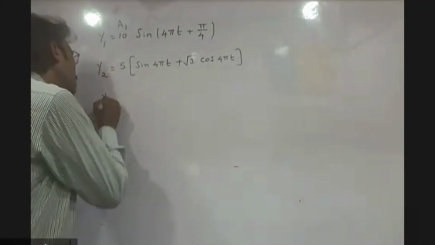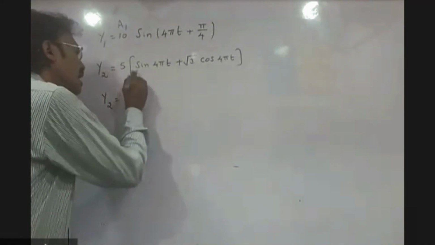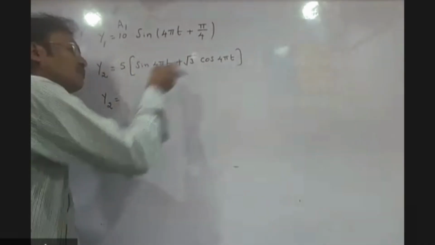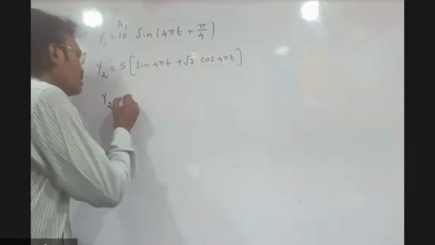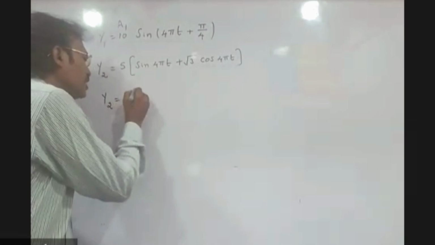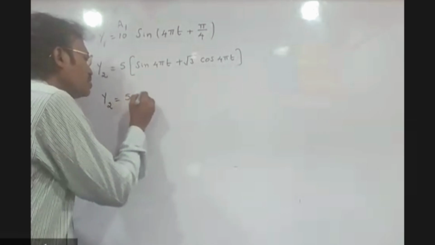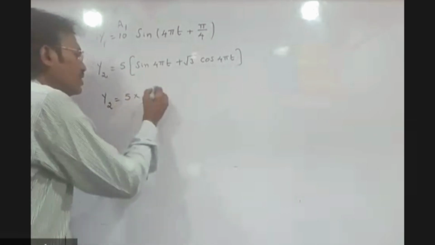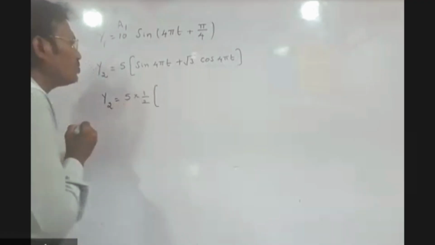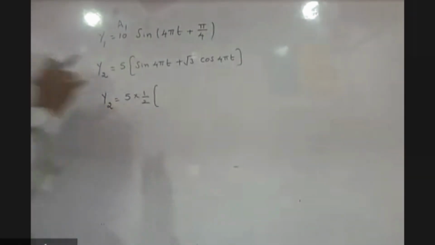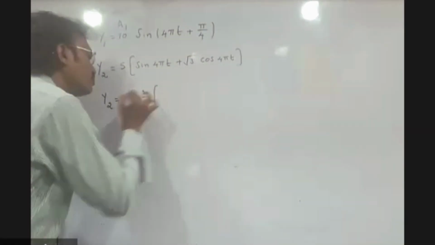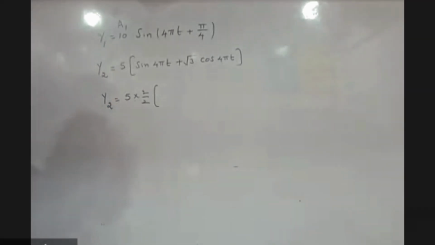For that purpose, I'm taking y2 into some other form. That is, I'm multiplying and dividing by 2, so the 2s get cancelled, again the same value.